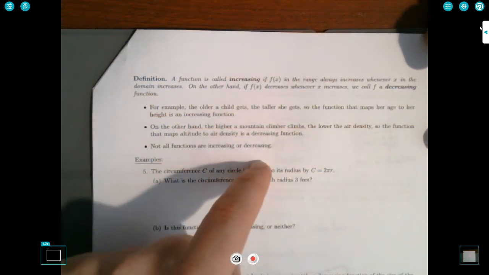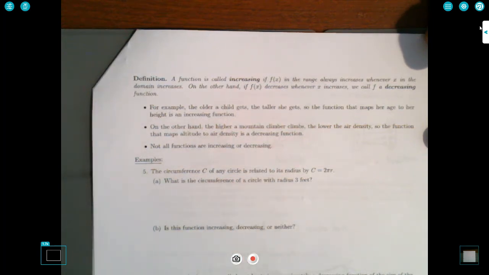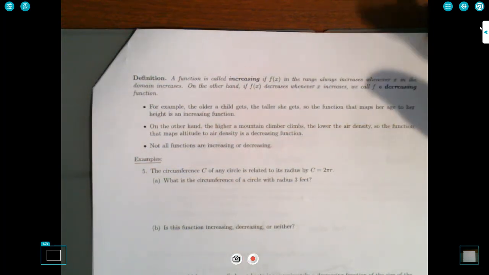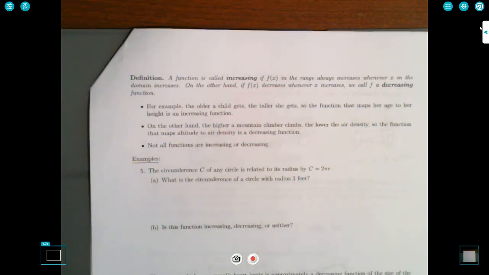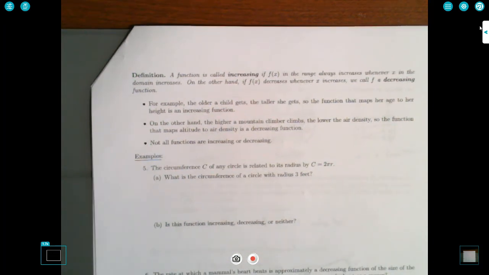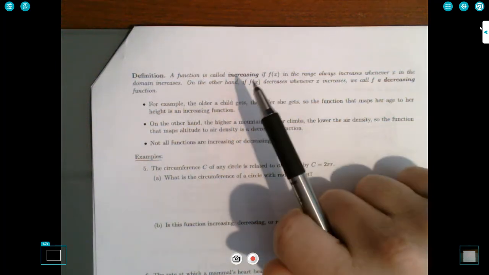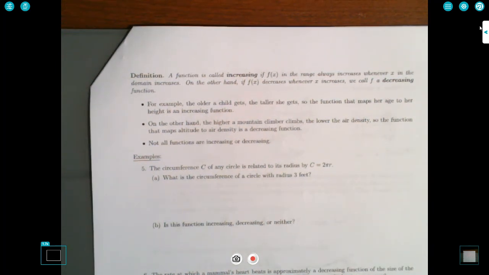The higher you climb, the lower the air density. Okay? Now, not all functions are increasing or decreasing. They could be monotone functions, so they might not change at all, or they could increase on part of their domain and then decrease on another part of the domain. But still, this is a useful way to classify functions as increasing or decreasing or neither.